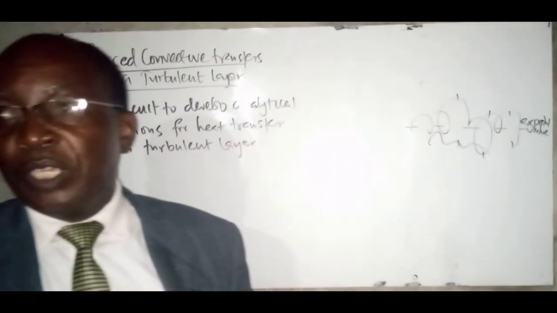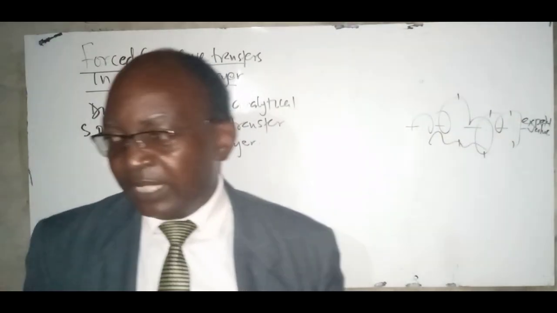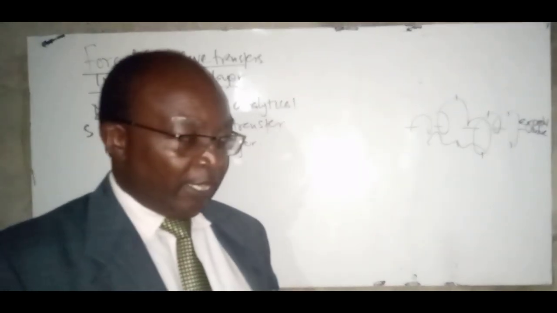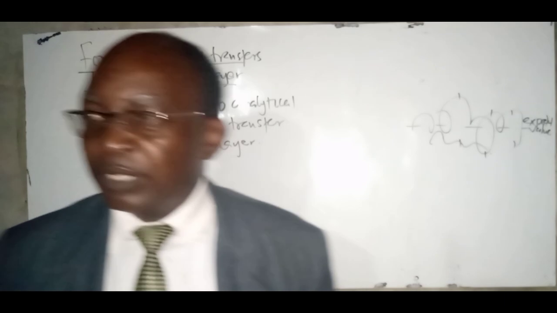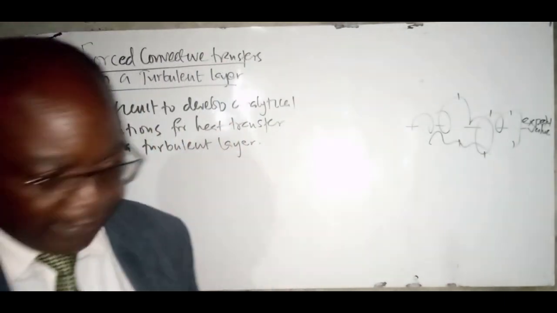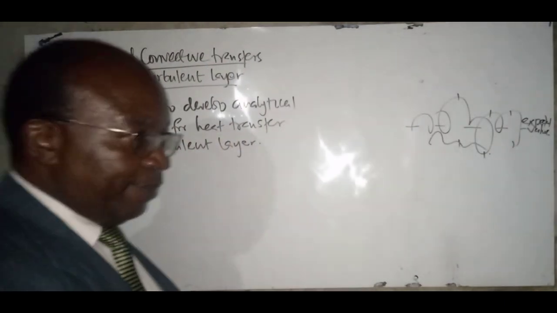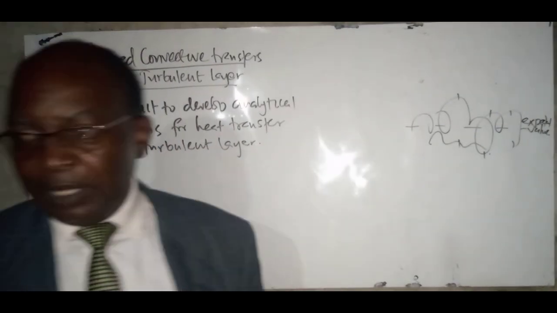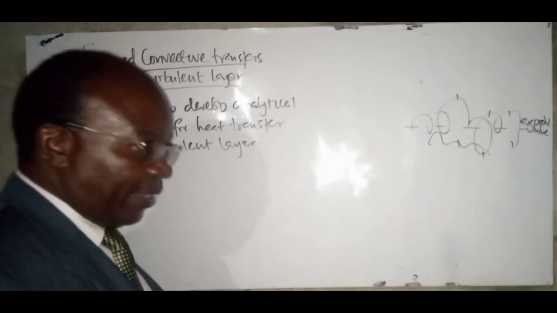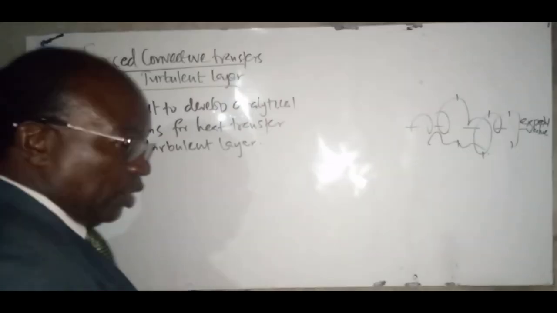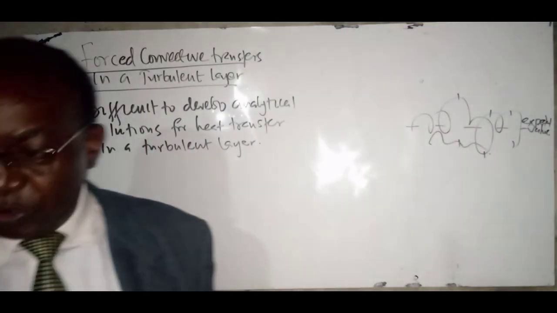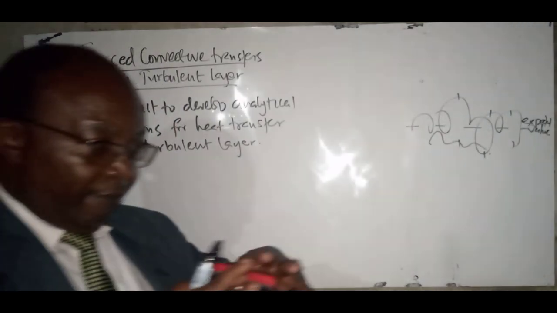The other thing we need to take cognizance of is that you can make an assumption like the one thought of by Reynolds. We assumed that there could be some sort of similarity between heat transfer in these turbulent systems and friction in liquids.